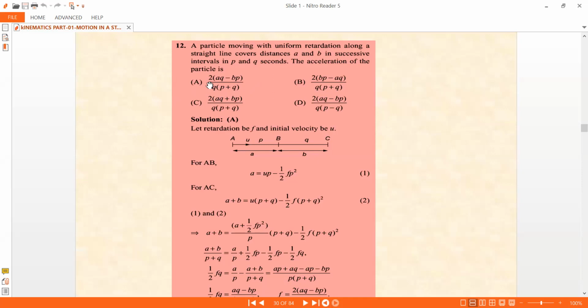So that's the option what we have. They asked the acceleration, so that is the negative of the retardation. In that sense, you have the solution A, which is the right answer. So that's how you can go like this, because f is equal to minus a. Based on that, you can arrive at the answer A.